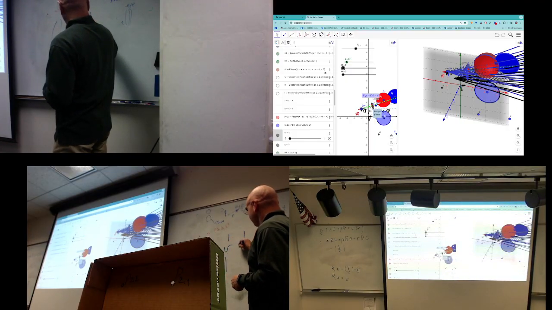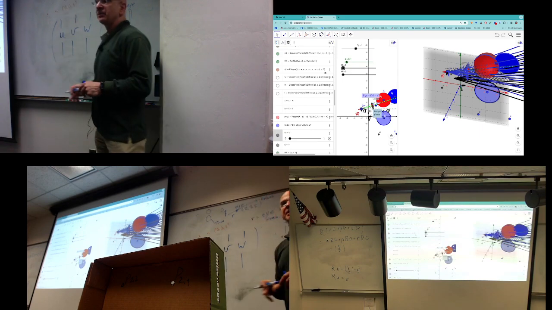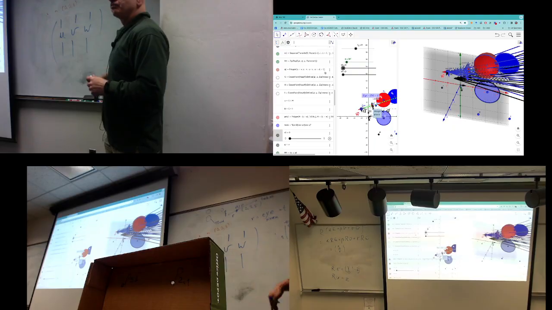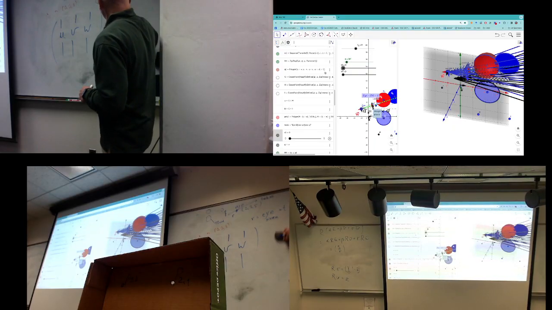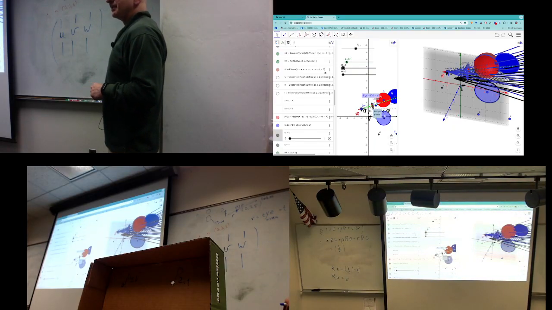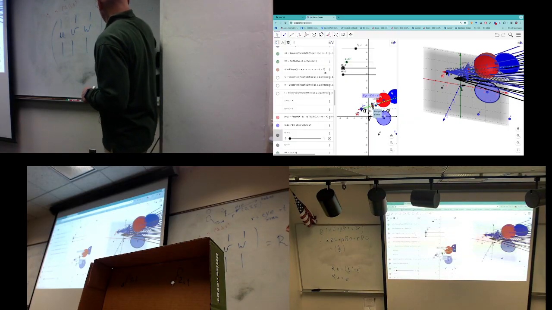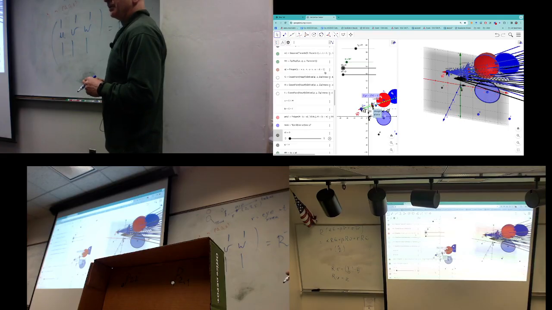And here is V, and here is W, the same UVW that we had before. And as you can easily check, this matrix is the rotation in the opposite direction, R minus 1.